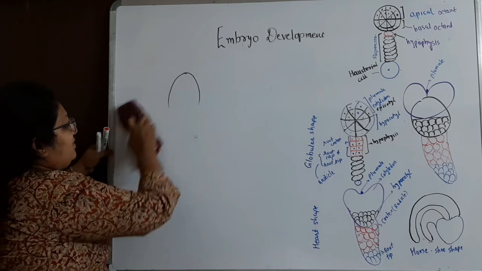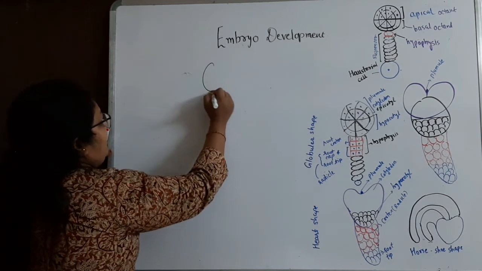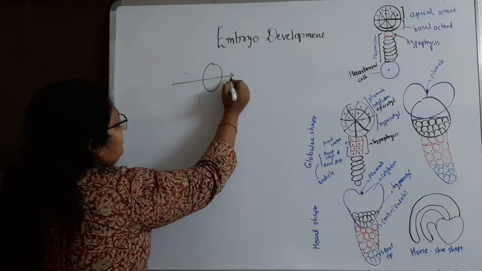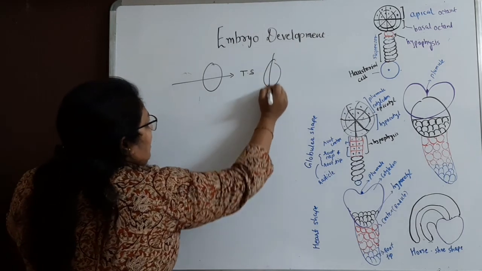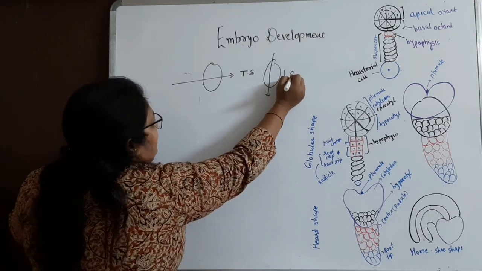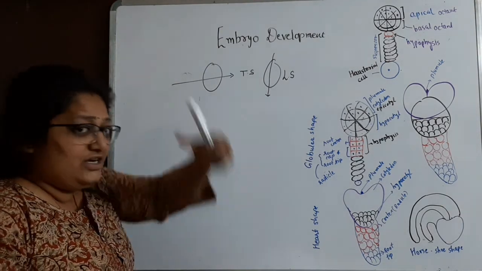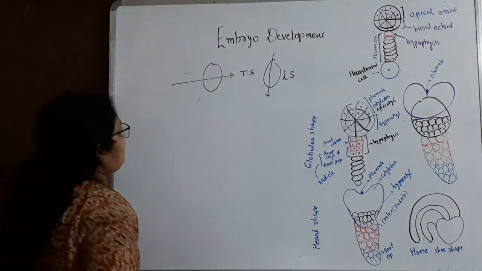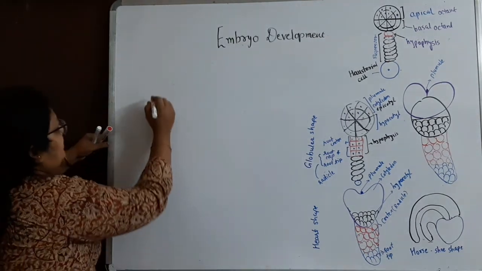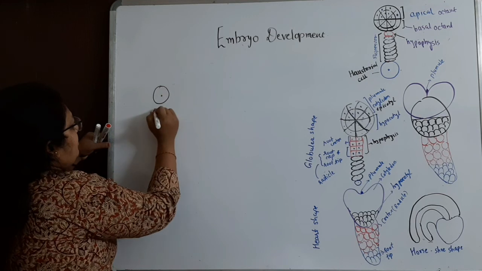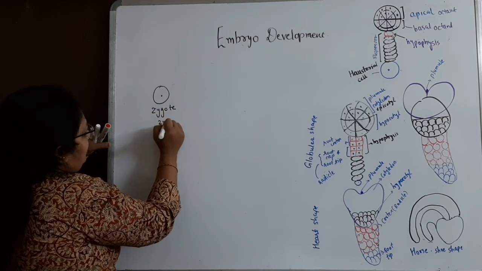Okay, you know transverse section and longitudinal section, right? If we section it like this, it is a transverse section, and if we section it like this, that is a longitudinal section. Remember what is a transverse section and what is a longitudinal section. So this is the zygote, that is diploid.